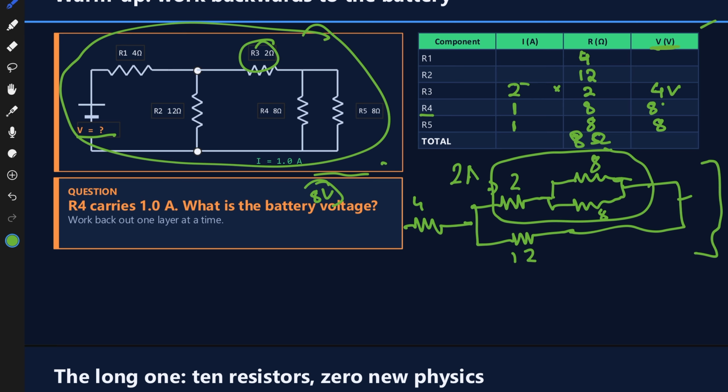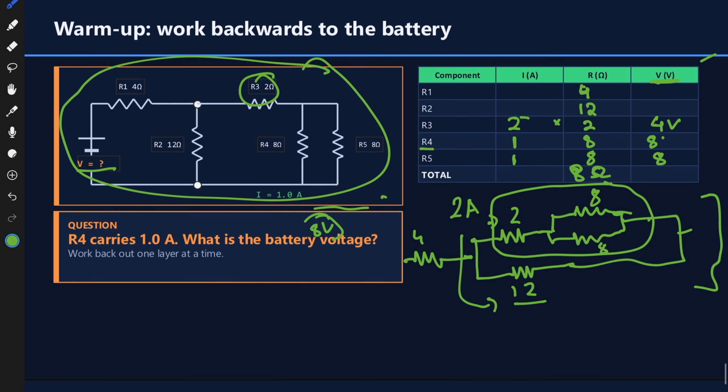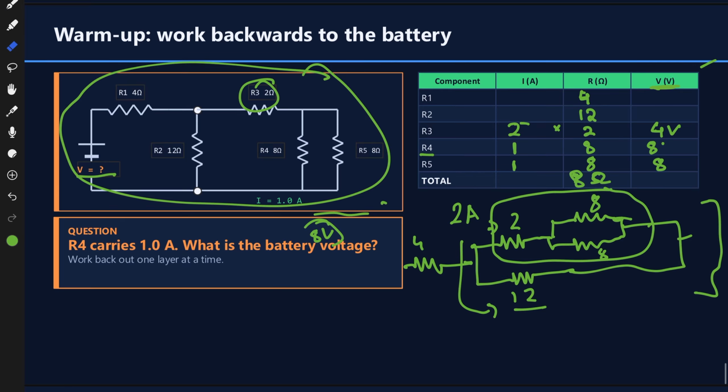Do we know that 2 amps of current is also going to run through this 12 ohm resistor? No, right? Because the current is going to split. So it could be 2 amps, but for sure we don't know whether it's going to be 2 amps. So we can't say that there's 12 ohms, 2 amps going through here.